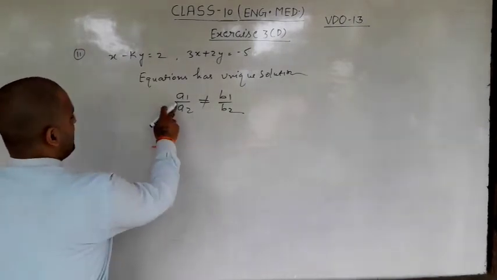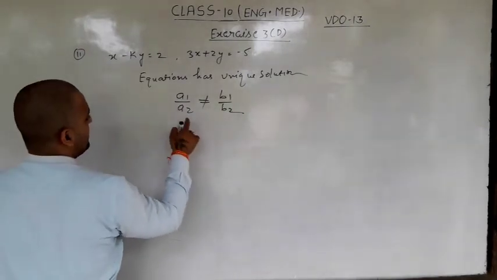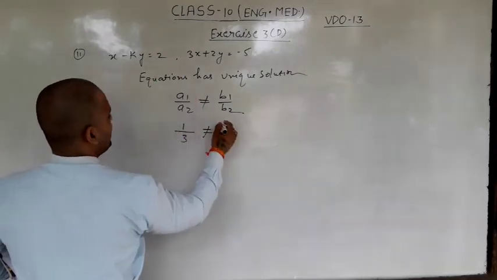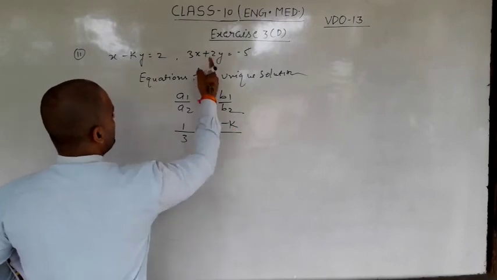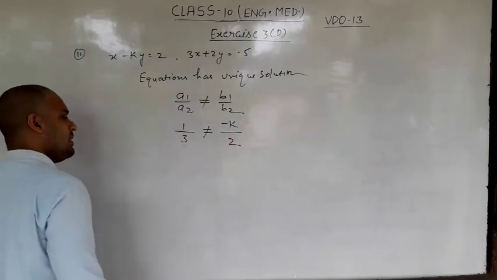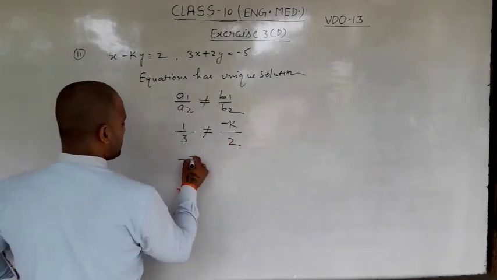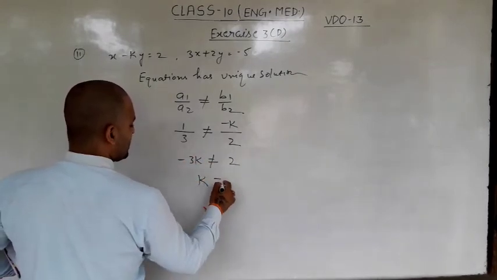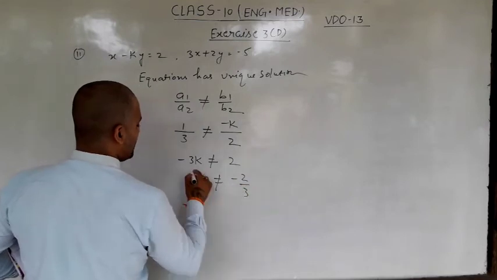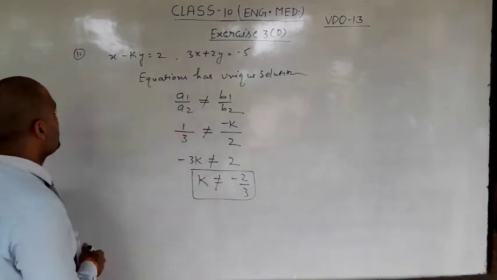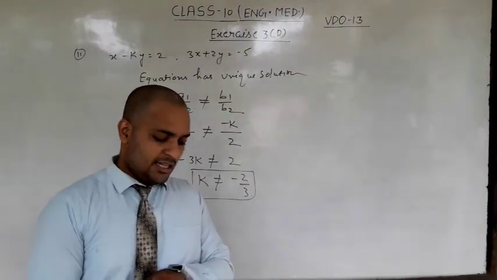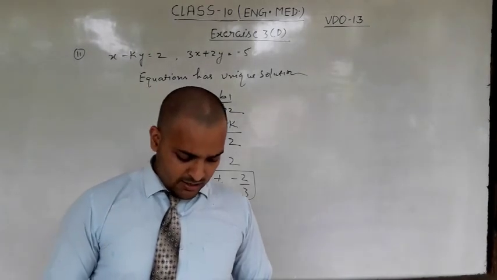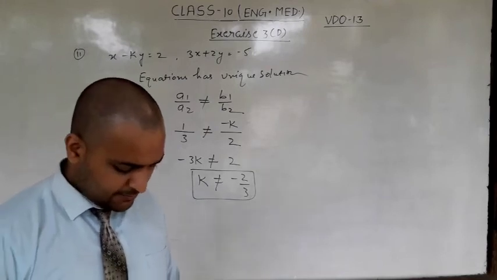Then a1 by a2 is 1 upon 3, not equal to minus k upon b2, which is 2. Now this will be minus 3k not equal to 2, then k is not equal to minus 2 by 3. That is your answer for question number 11. k is not equal to minus 2 by 3. This is the solution of question number 11.